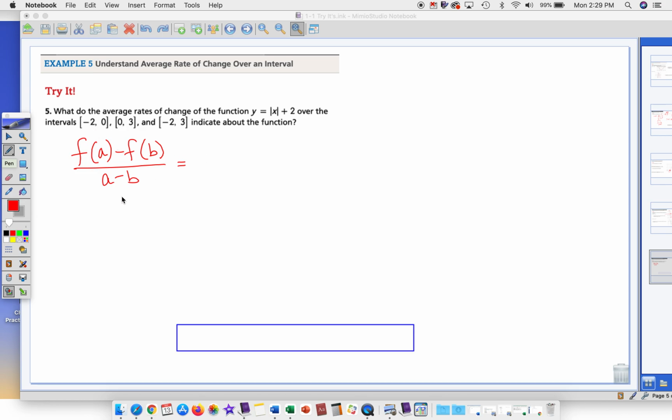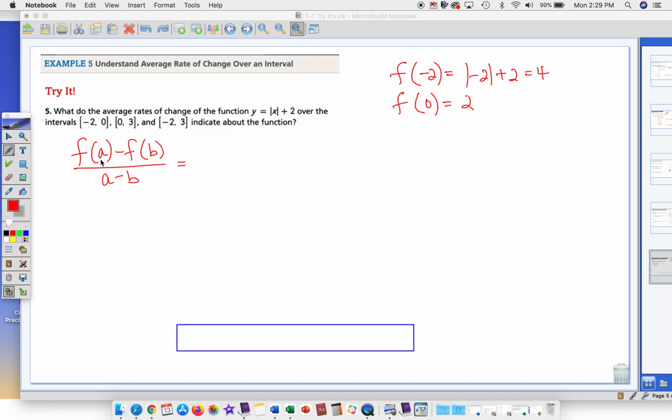So I'm calculating, let's do that work over here, f of -2, which when I plug -2 into the absolute value function, it becomes positive and I get 4. Next is f of 0. It's an easy value to plug in. This becomes 0 and I just get 2.